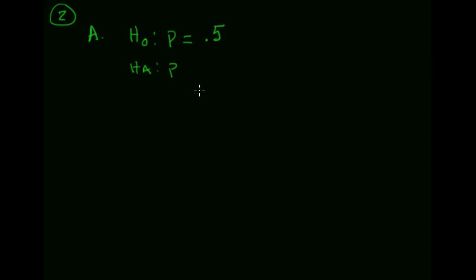The alternate here is going to be our claim, which is that it's more than 50%. So keep in mind that this one is the claim. Part B asks whether this is left-tailed, two-tailed, or right-tailed. This would be a right-tailed test because we have greater than in the alternate hypothesis.